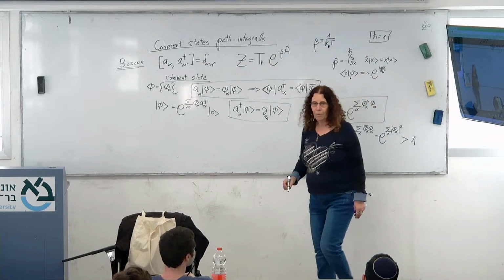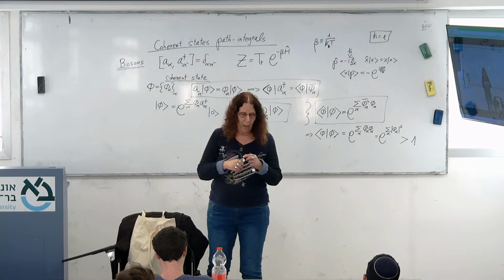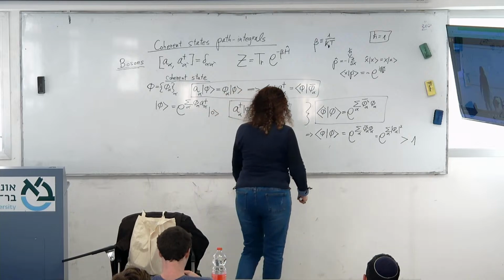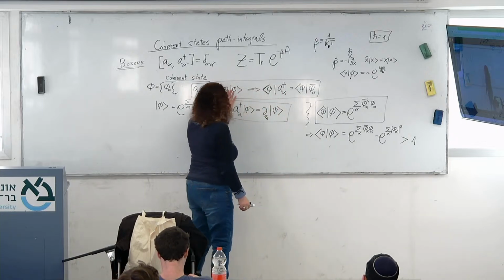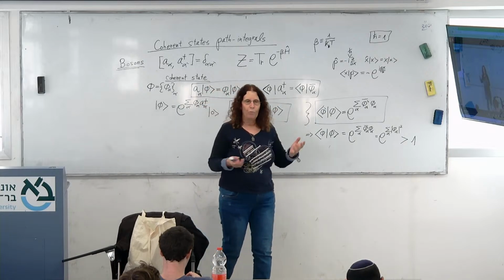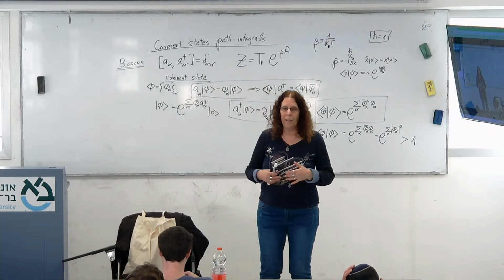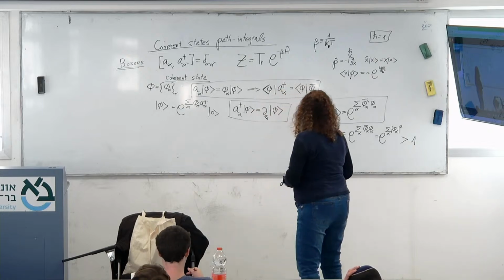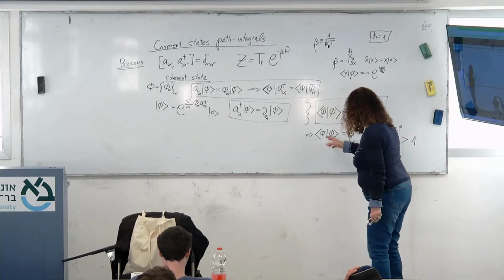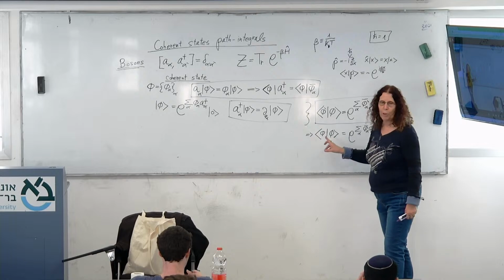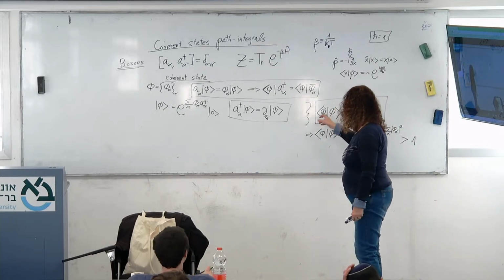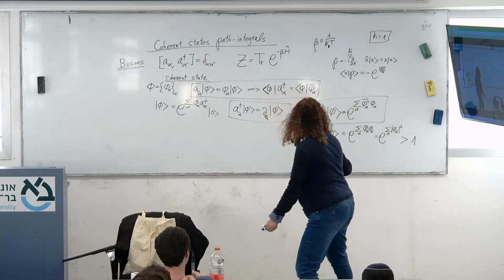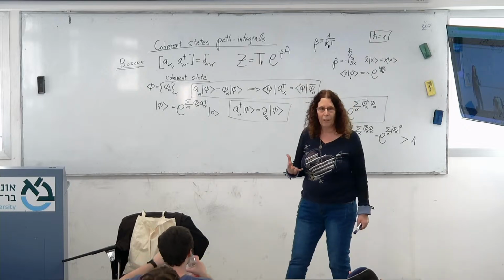Okay? Now, this is a bit of a problem if we want to talk about normalization, because we are used to a case where usually the set of coherent states were a complete set of states or an orthonormal basis, and the overlap of phi and phi prime should give you a delta, and for the case that it's just the same phi, you should get 1, right?